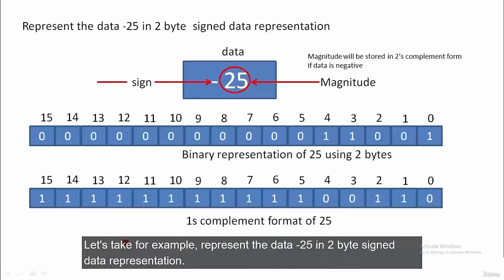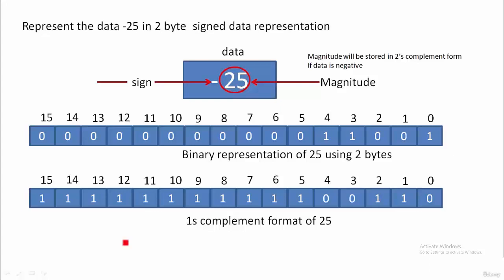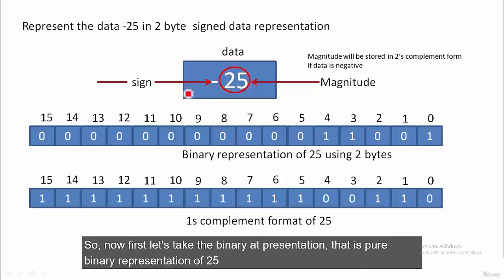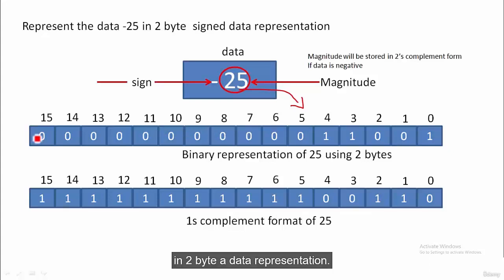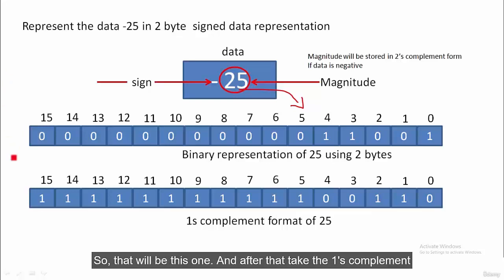Let's take, for example, representing the data minus 25 in 2-byte signed data representation. So here the data is negative, right? So first let's take the pure binary representation of 25 in 2-byte data representation. So that will be this one. And after that, take the ones complement.